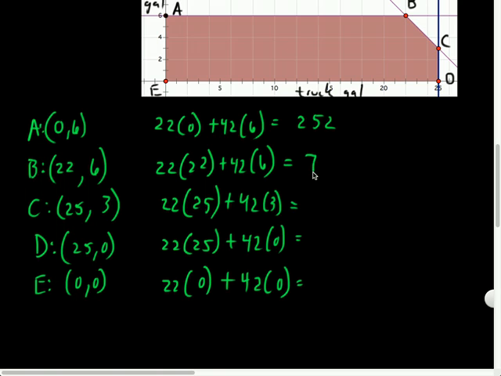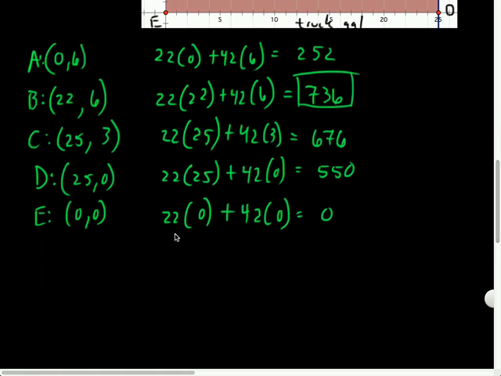This one would be 736 miles. 22 times 25 plus 42 times 3 is 676. 22 times 25 is 550, so this actually represents how far your truck can go on a full tank of gas, right? And this one would be 0. So the optimal is he can travel 736 miles using 22 gallons of gas in the truck, right?